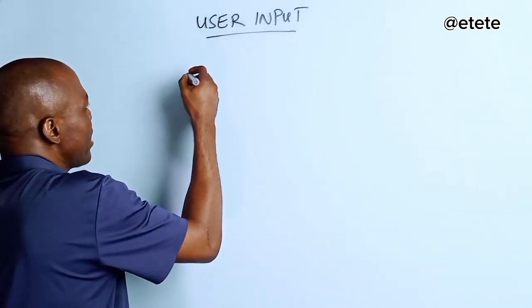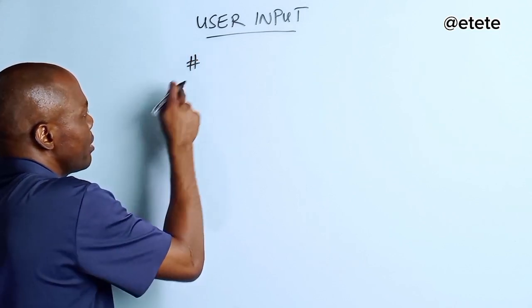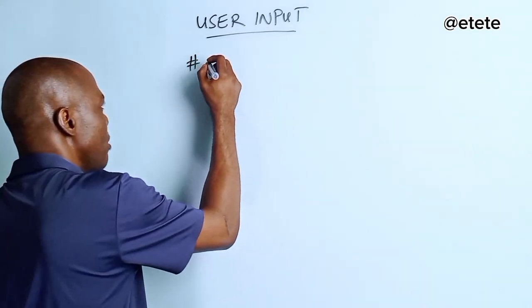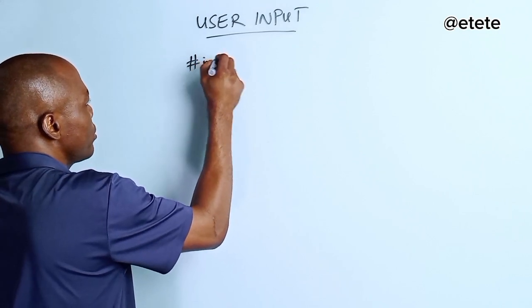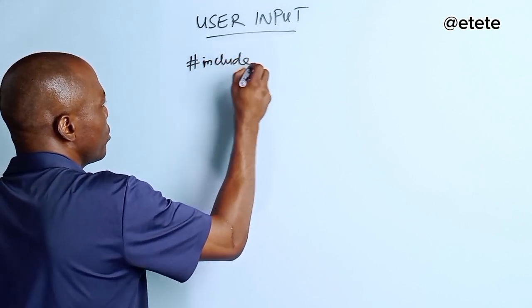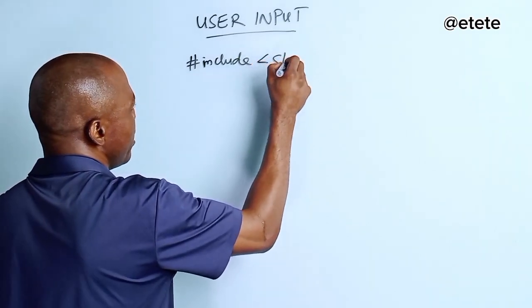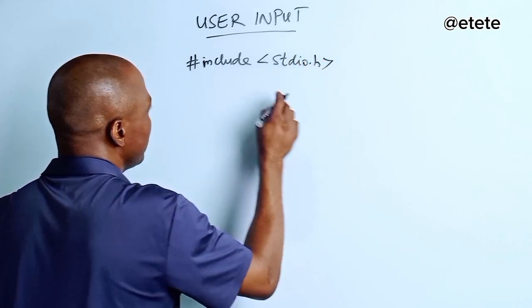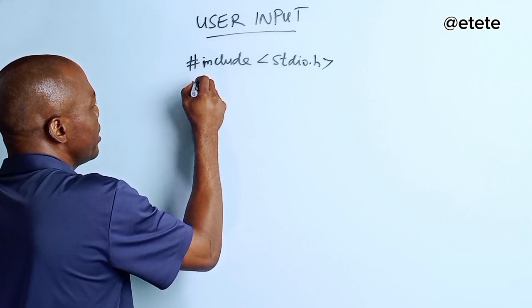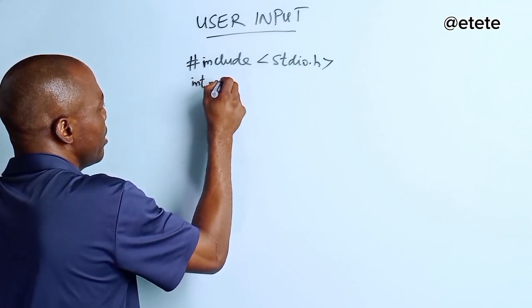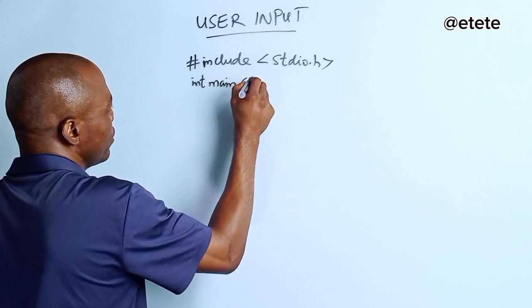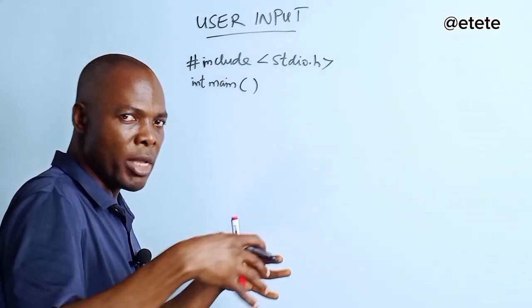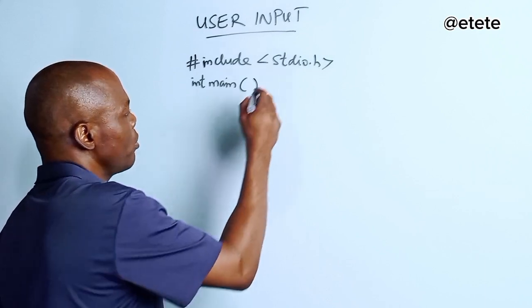Let's say I write this, right? My preprocessor, I say include stdio.h, right? Then I come here and I'll say int main, my main function, which is the main body of the program, the entry point of the program.